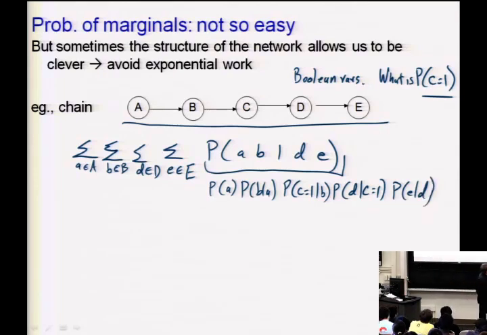So summing over all the possible values of little a, b, d, and e, that'll give me the probability that C equals 1.